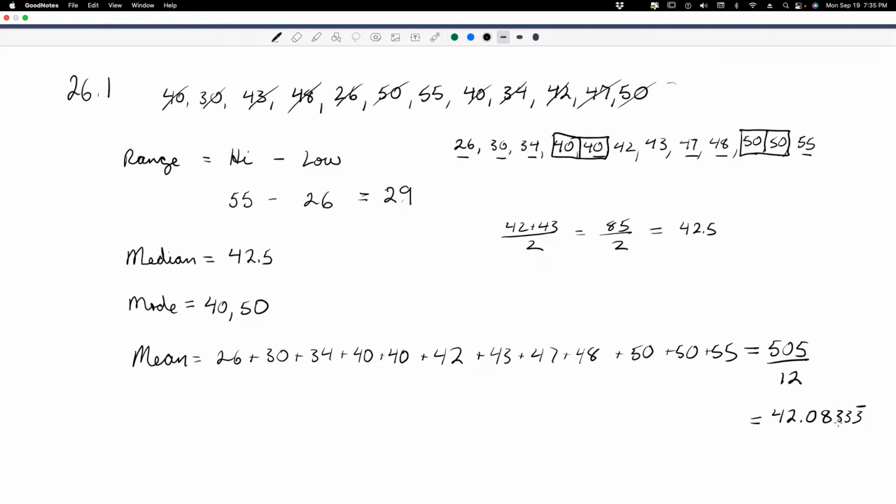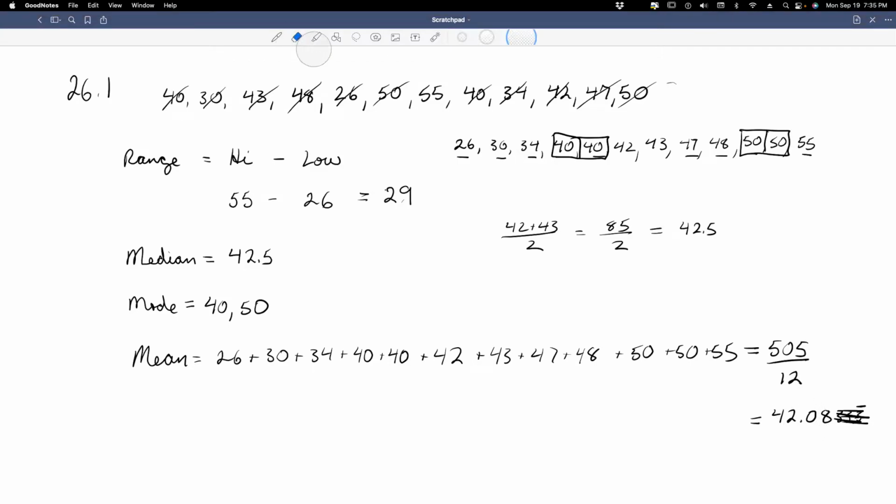So we stop at the 2 decimal places where we normally round to, and we leave it like that. 42.08 is the mean for this, because that is our average. All right, easy peasy. This is probably some of the easiest math you guys are going to do this year.